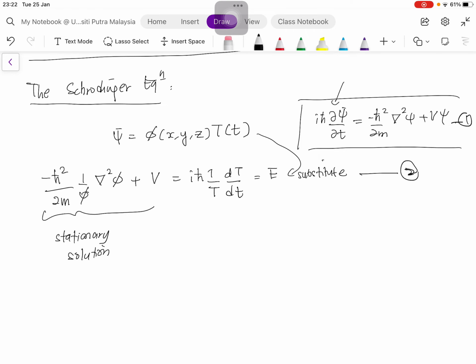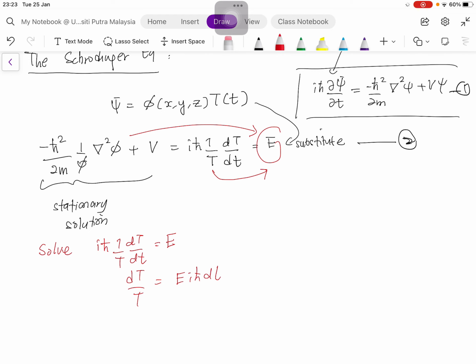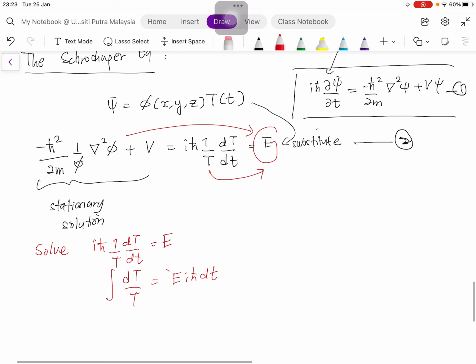You look, these are actually both, this equals some constant E, this also equals some constant E. You can solve for t first. So what do you get? So what's left is just, you integrate both sides.